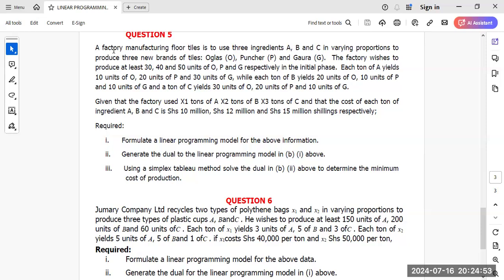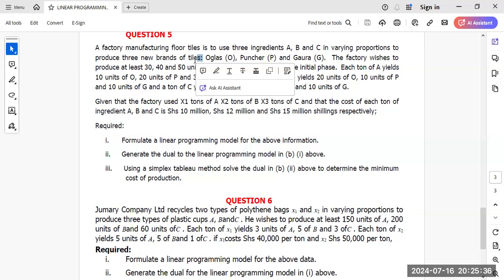Because here you see, this is a factory that is manufacturing floor tiles, but they use ingredients A, B, and C. But to your mind, if you're dealing with ingredients, what comes into your mind? Now you're also given 3 new brands of tiles. What comes into your mind between ingredients and tiles? What can be your decision variable? What can be your constraints?